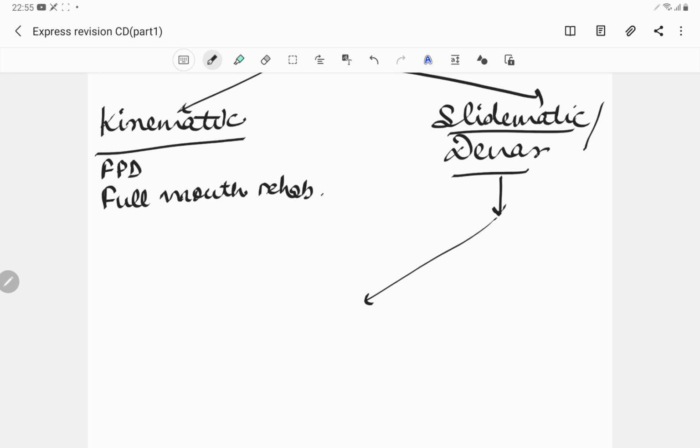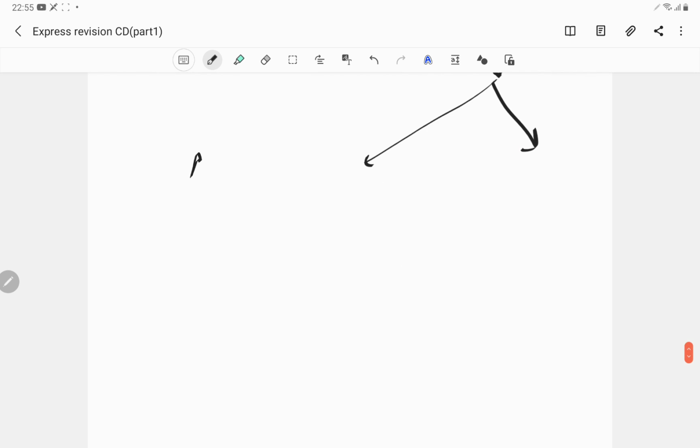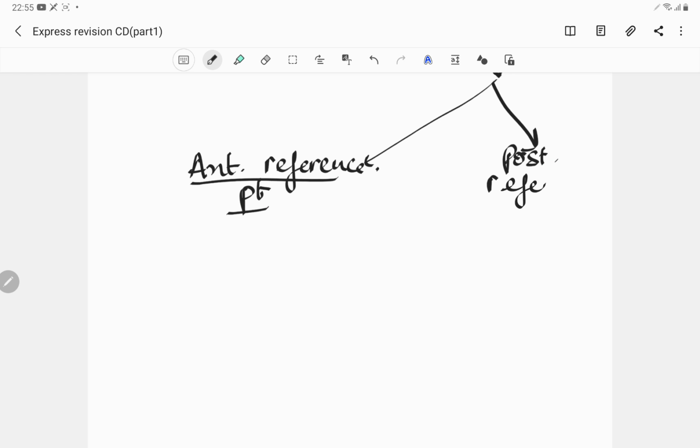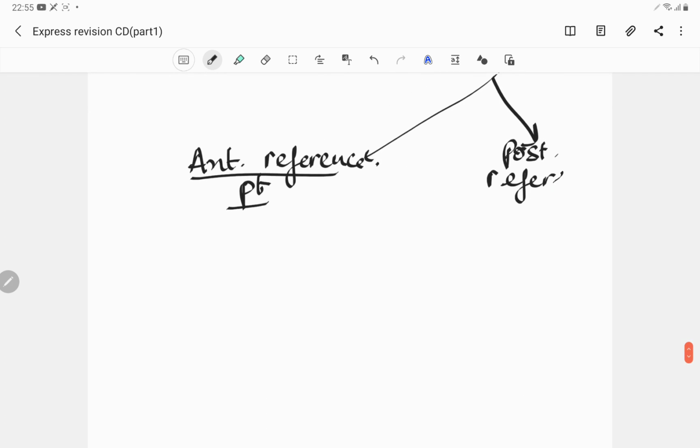There is going to be an anterior reference point and a posterior reference point. The anterior reference point is for the CD.